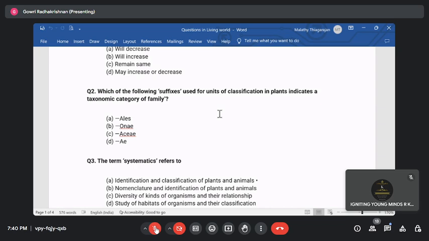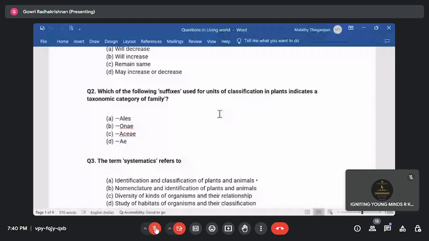Then above that will be genus, and above that will be family, and then order and class, and then phylum and kingdom. So totally there will be 7 categories of classification.